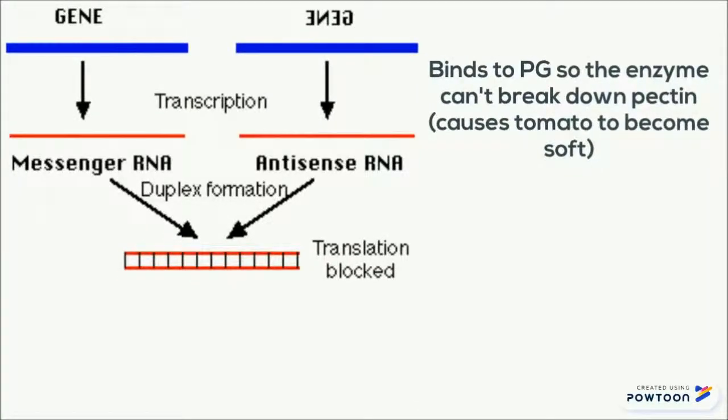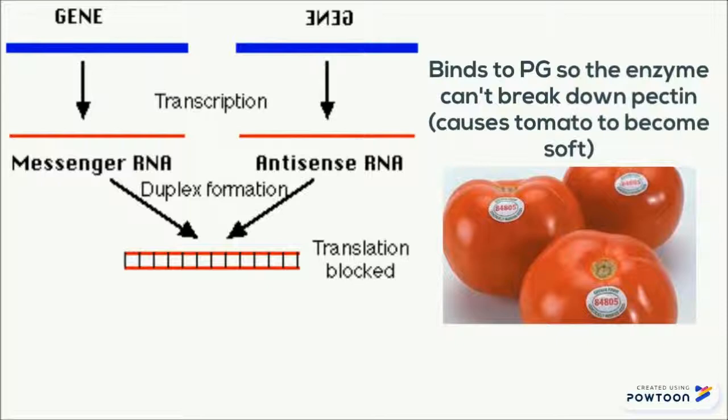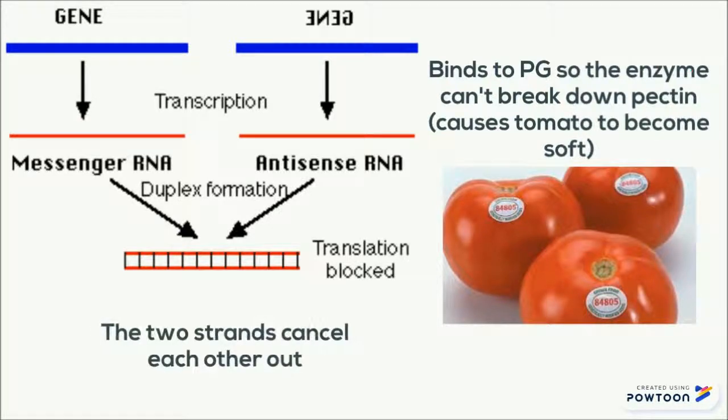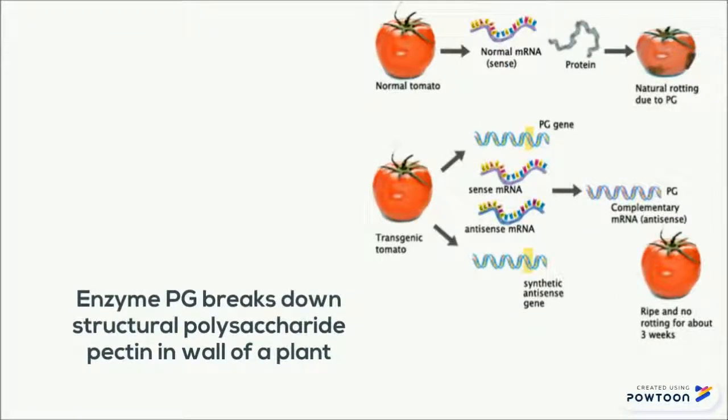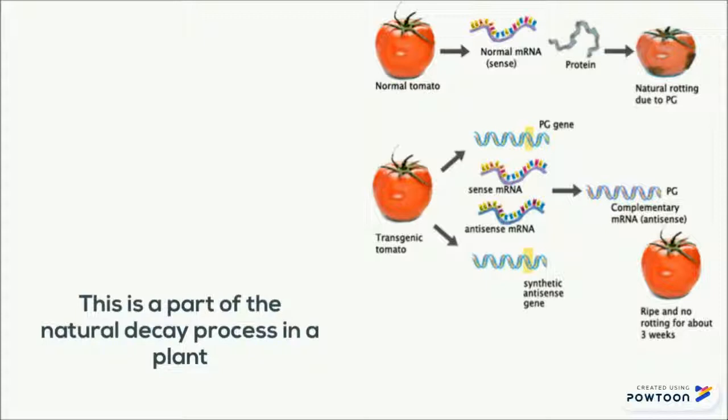Flavr Savr RNA will bind to the original RNA, so the enzyme cannot be made to break down pectin, which would cause the tomato to become soft. The two strands cancel each other out. The enzyme polygalacturonase breaks down the structural polysaccharide pectin in the wall of a plant. This is part of the natural decay process in a plant.